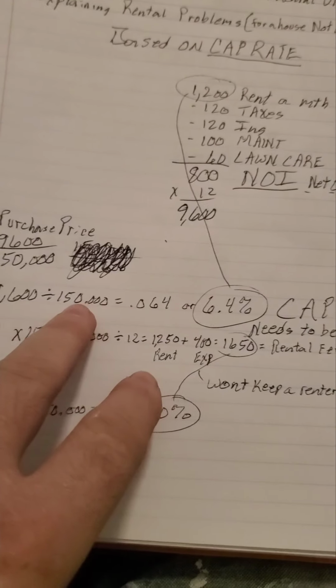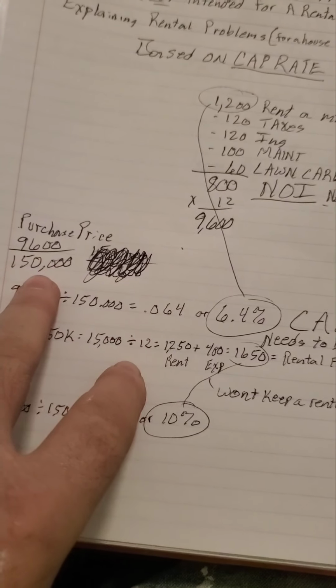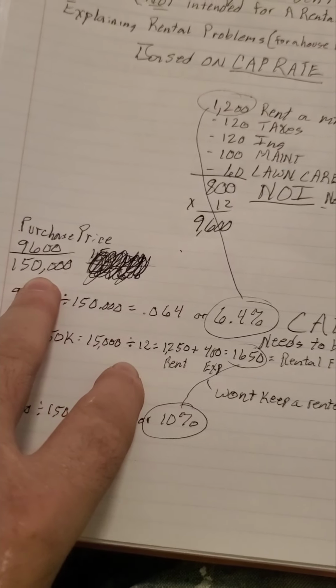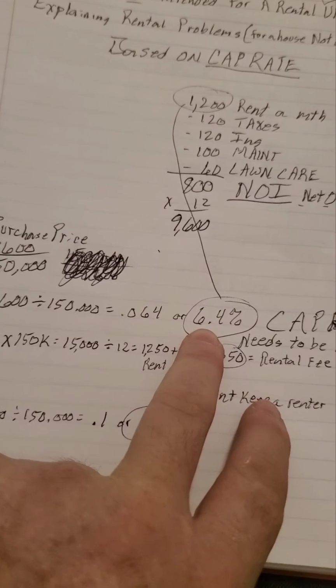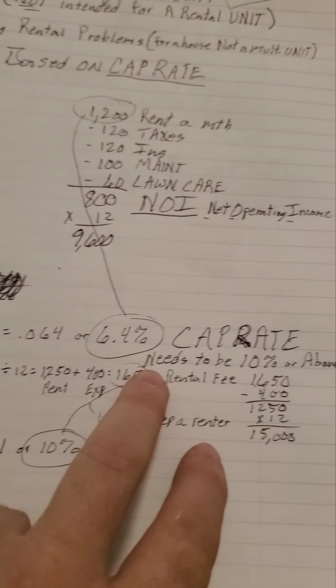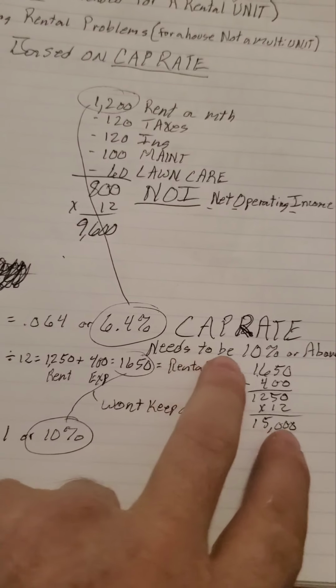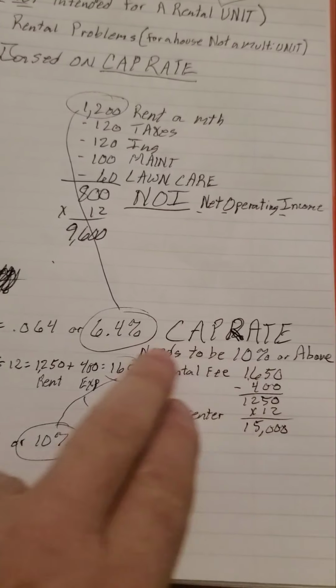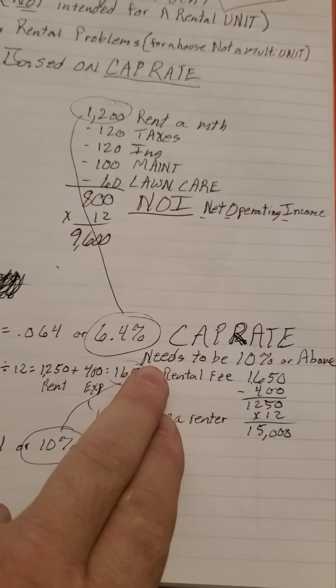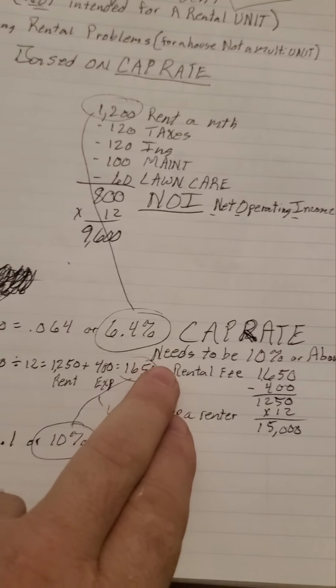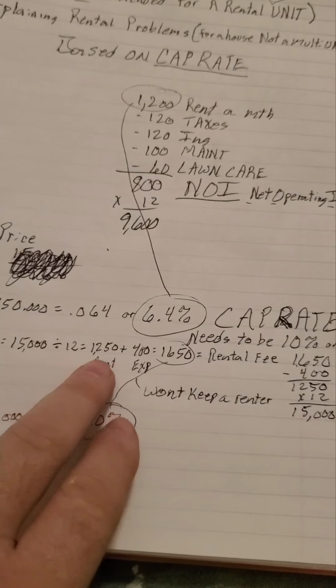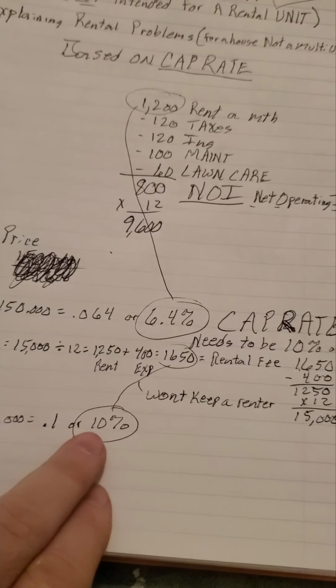Remember, that's what cap rate is: the net operating income divided by the purchase price gives you the cap rate. The scholars that I'm learning from say that the cap rate needs to be 10% or above. 6.4 isn't good enough. So I took it a step farther and said, what if I wanted to get the 10%?